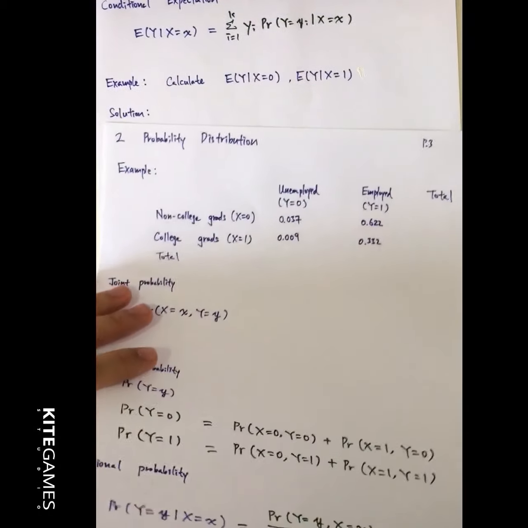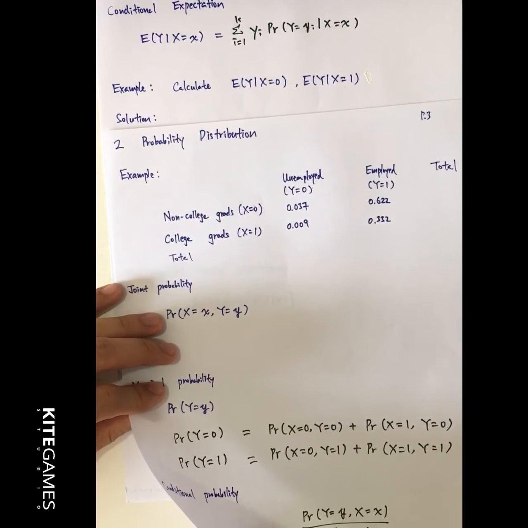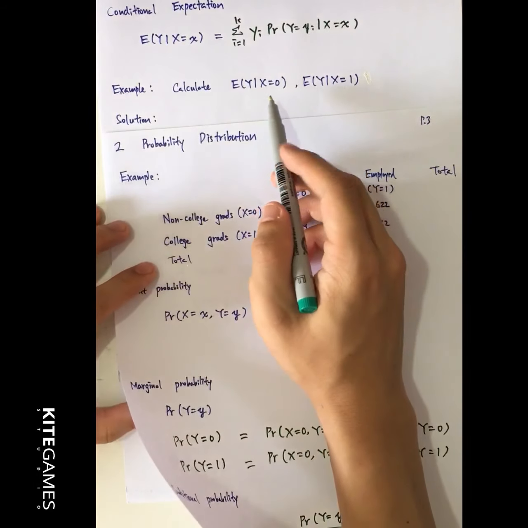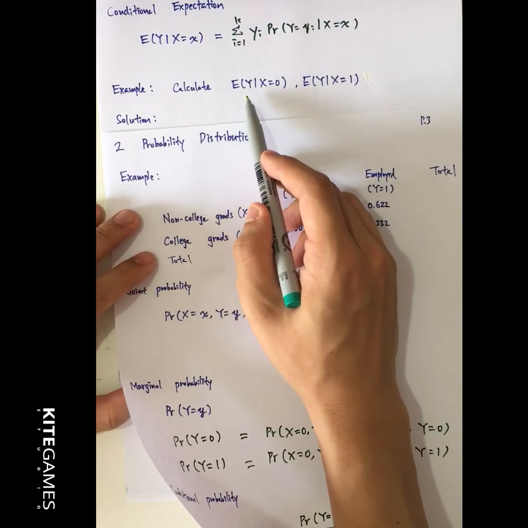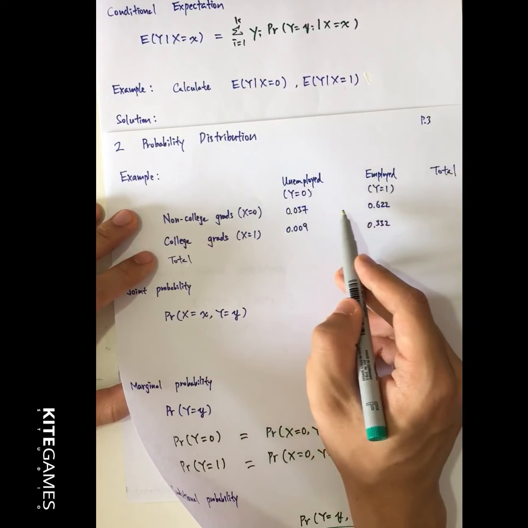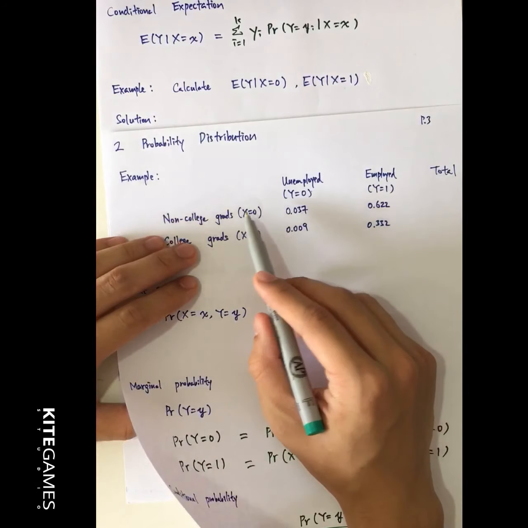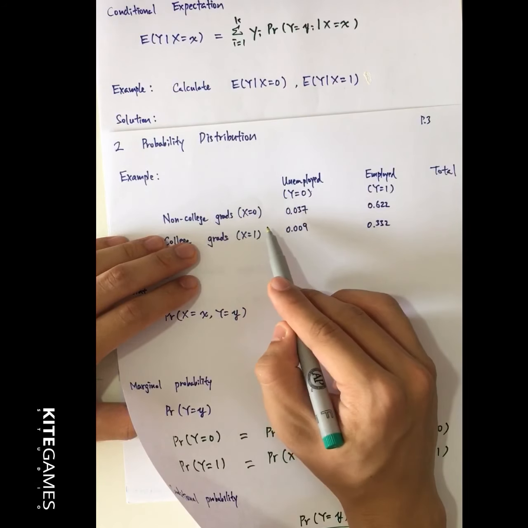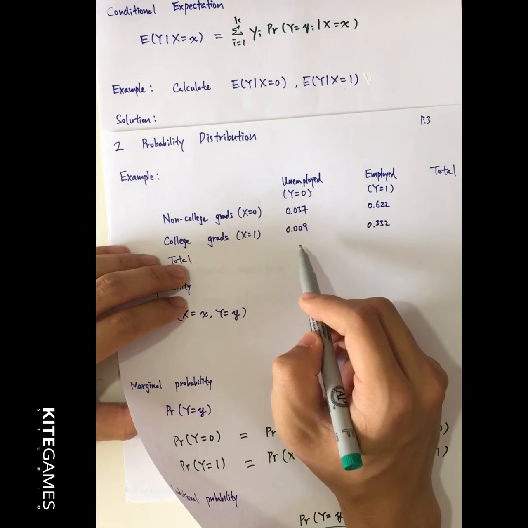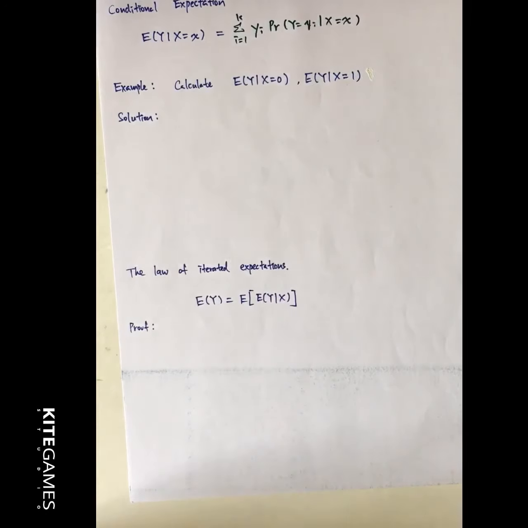Take a look at our examples. That means what is the probability that one is employed given that first they are non-college graduates, the second is college graduates. Let's try to do this first.